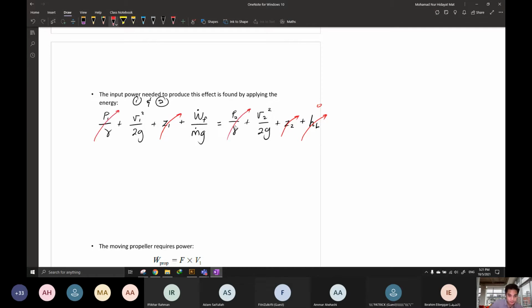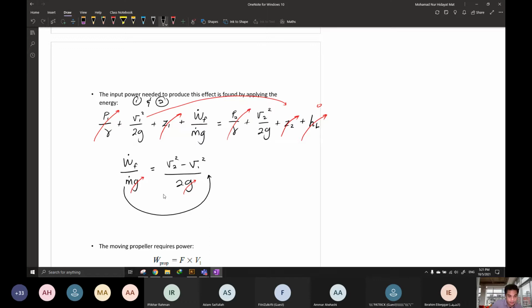So what do we have here? Definitely we have the arrangement: W dot fluid over mg equal to, this one we move to the other side, V2 squared minus V1 squared over 2g. We notice that we have gravity and gravity, and here the mass flow rate we move to the other side.